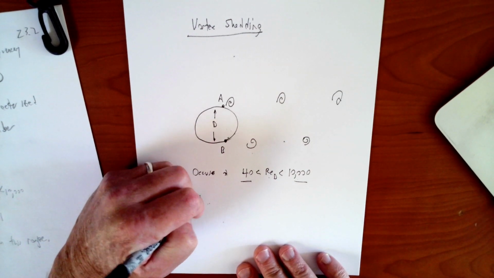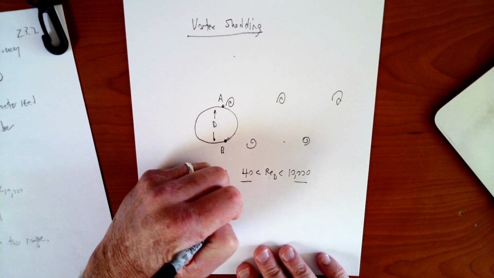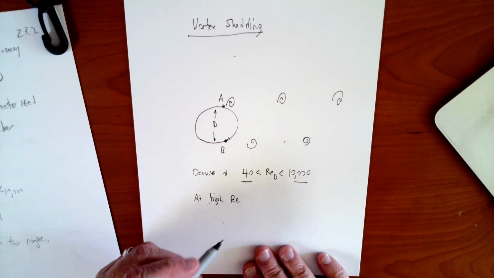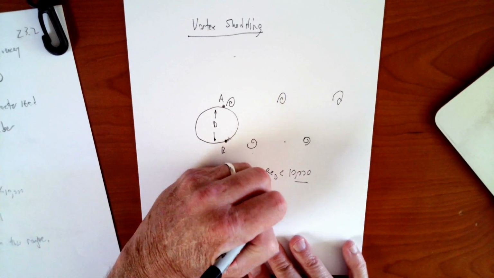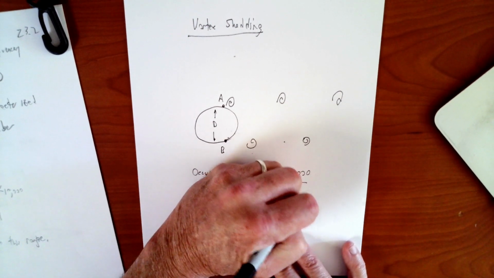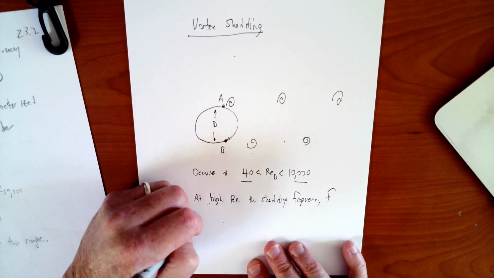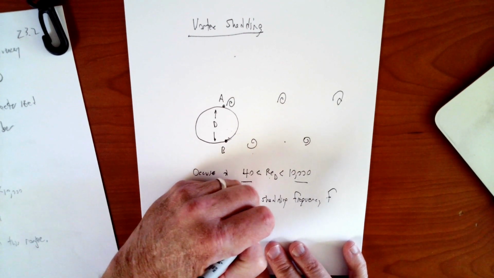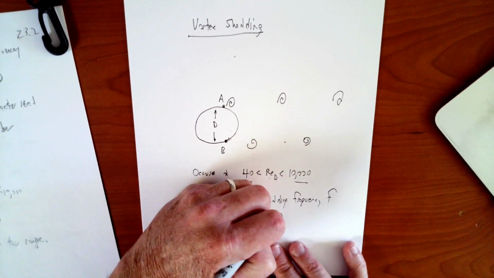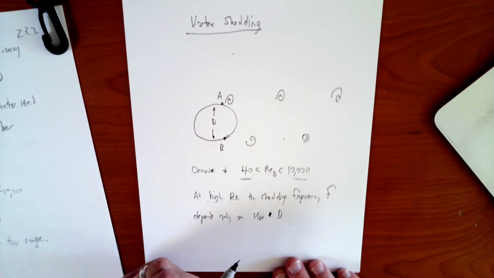So anyway, the frequency at which it sheds these vortices depends only on U infinity and D. So if you're at higher Reynolds numbers, that is not at the really low Reynolds numbers of vortex shedding, but above them in the turbulent regime, at high Re_D, the shedding frequency, which we're going to call f, depends only on U infinity and on D. So it doesn't depend on anything but the velocity and the diameter of the object.